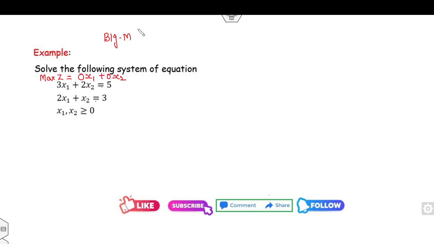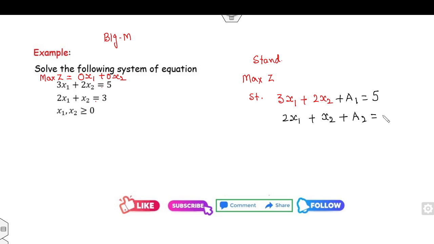Then the first step is to write it in the standard form. So how can you write the standard form? Firstly, you can write the constraints. The first constraint is 3x1 plus 2x2, and because it is an equality, you have to add a1. Similarly, for the second constraint, 2x1 plus x2 plus a2 is my 3.